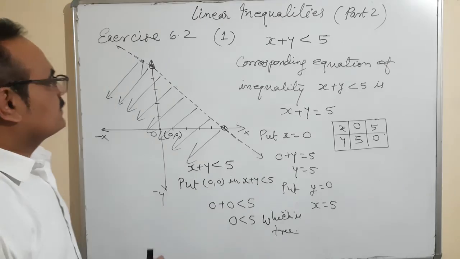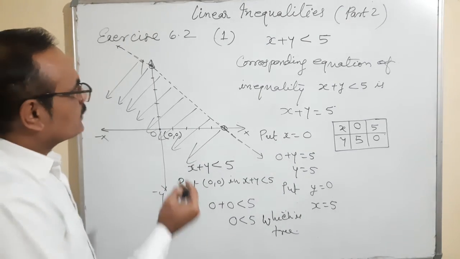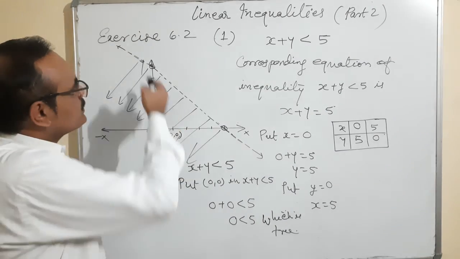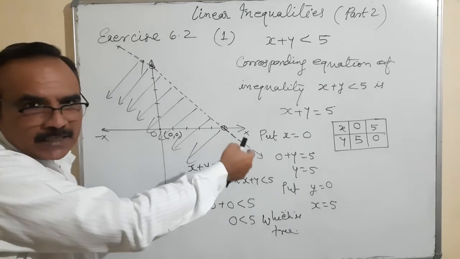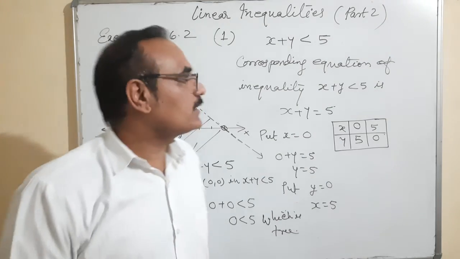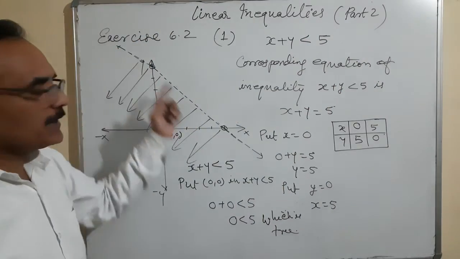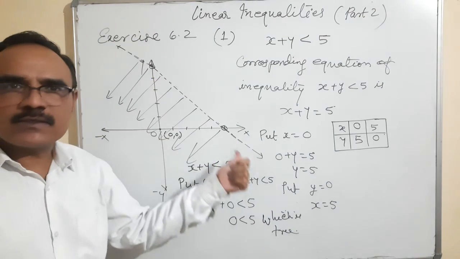Is it okay? So that means this dotted line shows that we are talking about the area which is on the left hand side of this line, and even the points which are coming on the line will not satisfy the condition. In case it were x plus y less than or equal to 5, then this line will be included, and during that time we can darken this line.